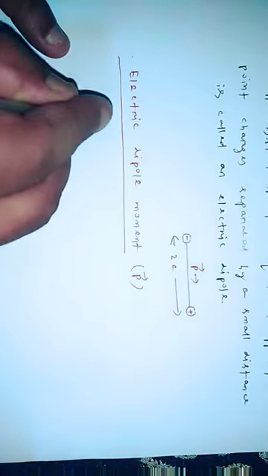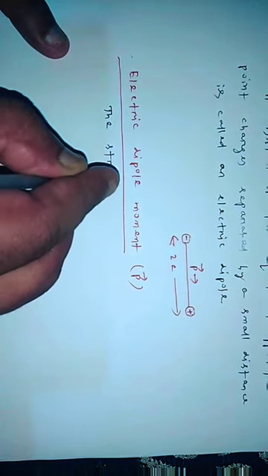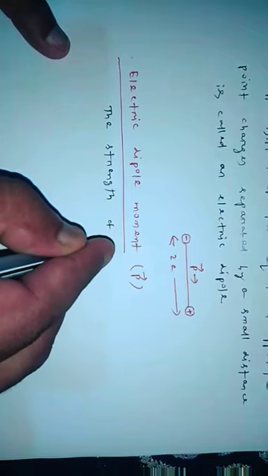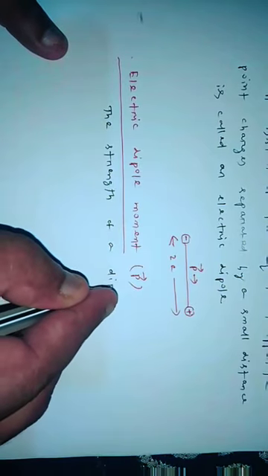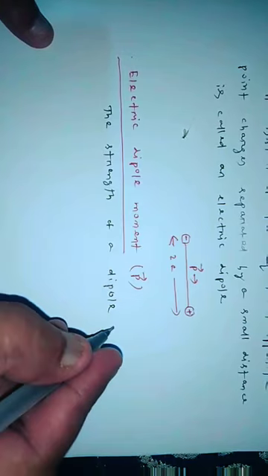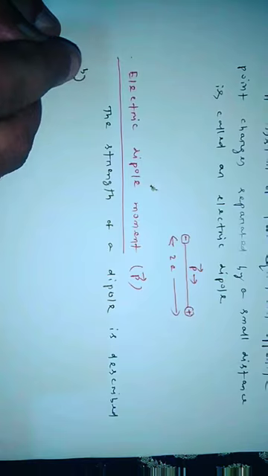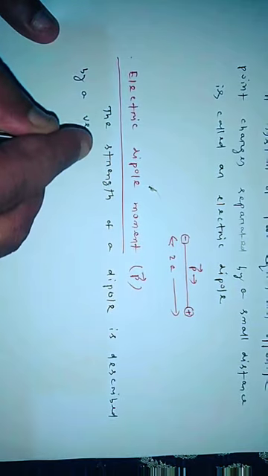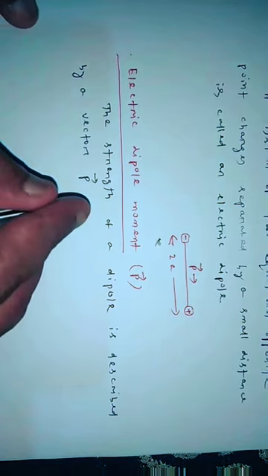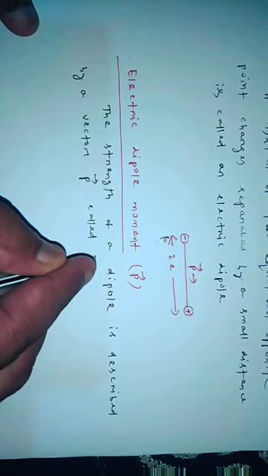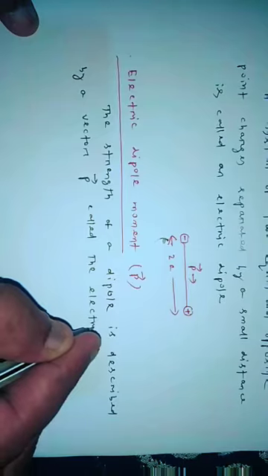Now the strength of a dipole is described by a vector P called the electric dipole moment. Okay.